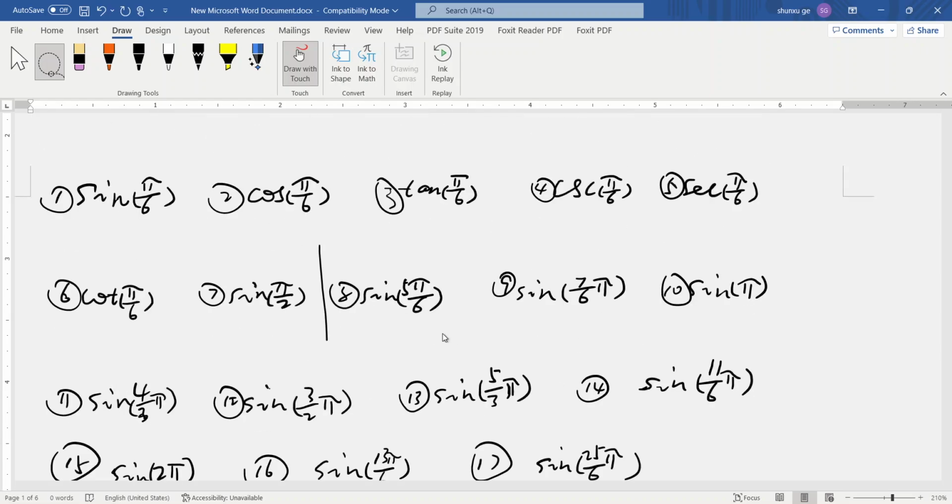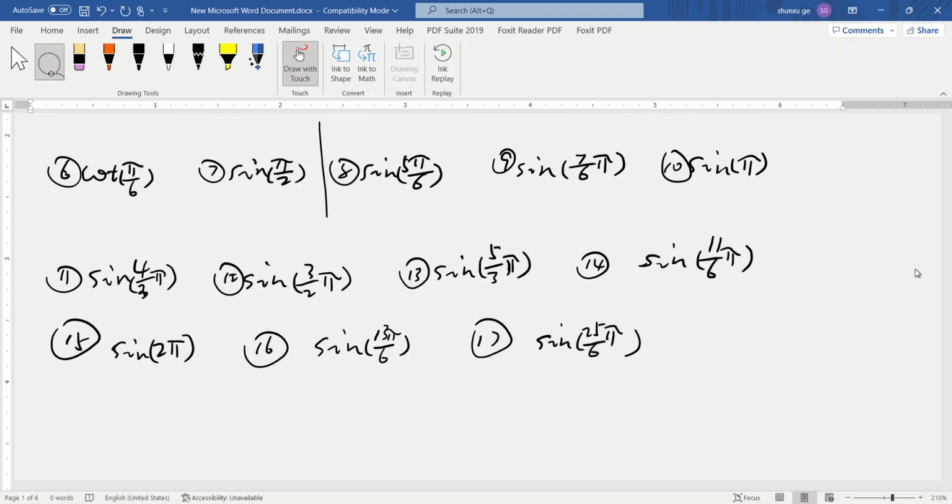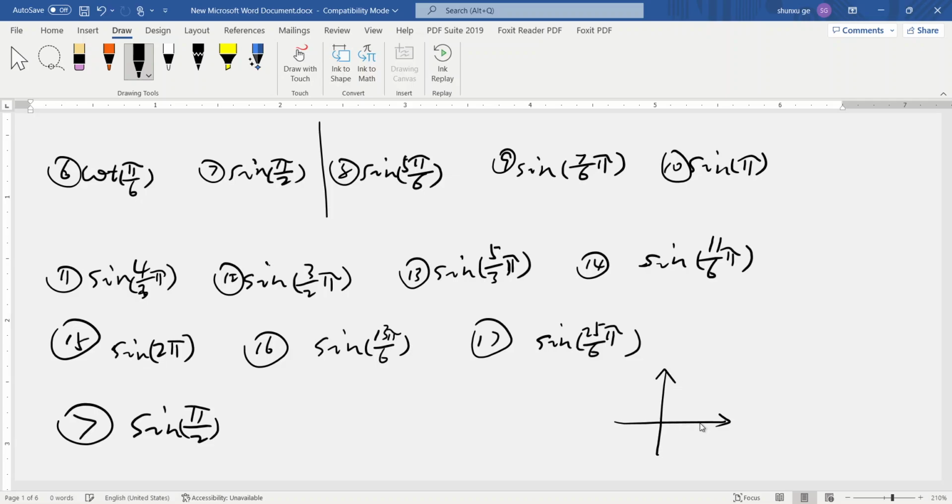So question 7. The next question is 7. Sine pi over 2. So we draw a coordinate system, this x, this y. So pi over 2 is about here.